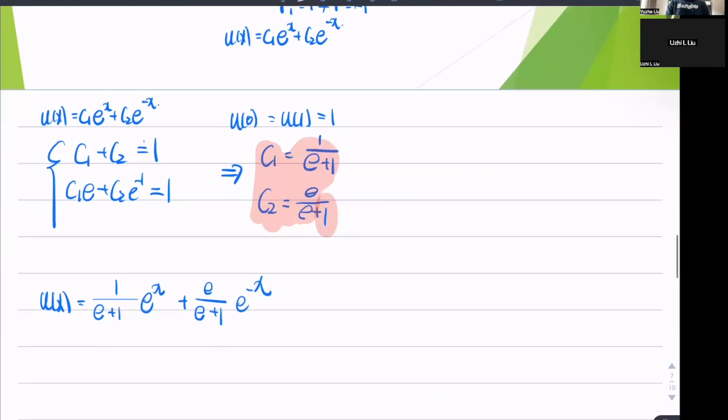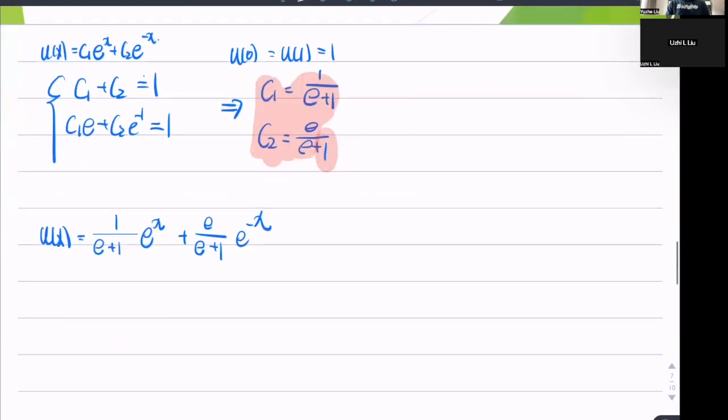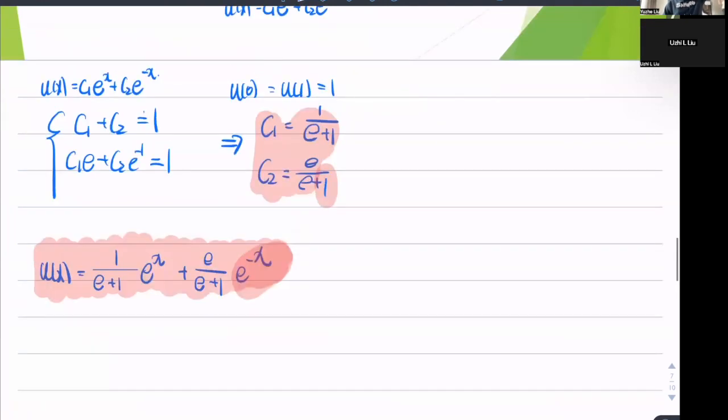So this equation here is our optimal values for our functionals. So let's just go through this very quickly.